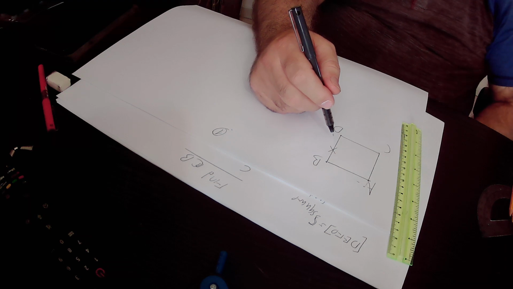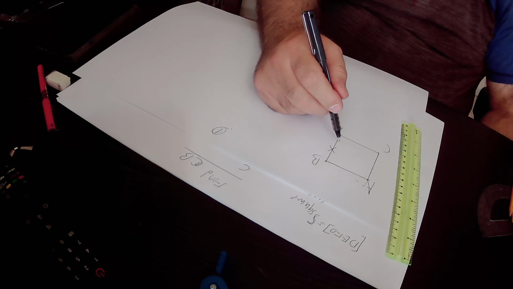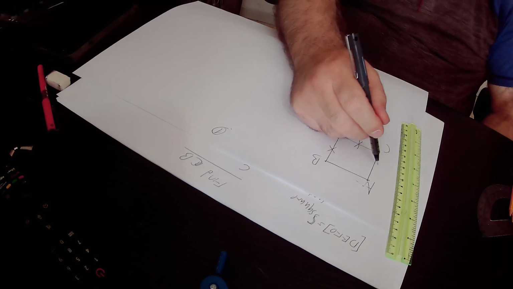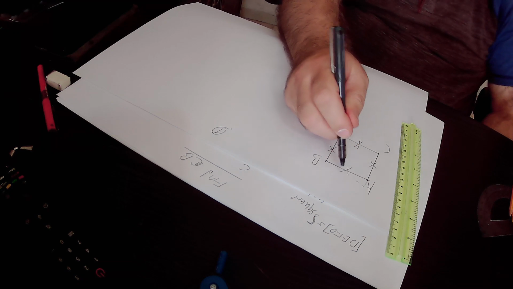Therefore, all the other sides are also equal to x because all the sides of any square are equal to each other.